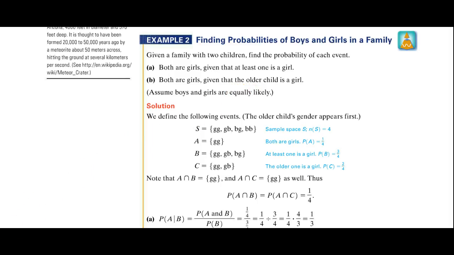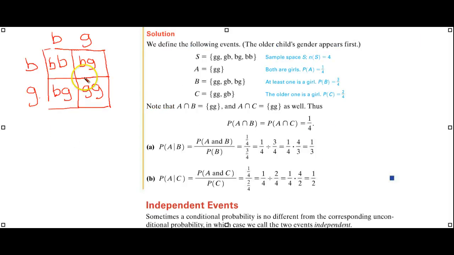So let's do some definitions. Looking at our sample space, S, you could have 2 boys, a boy and a girl, or 2 girls. Now we're looking at both are girls. Out of the 4 possibilities, that is 1/4.